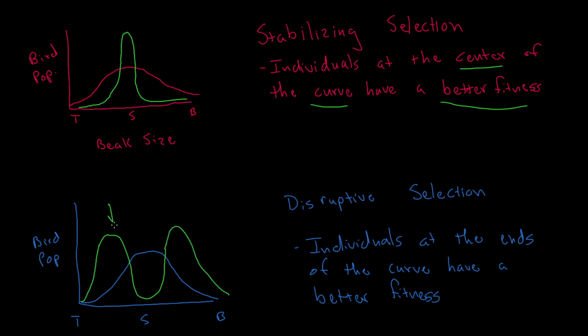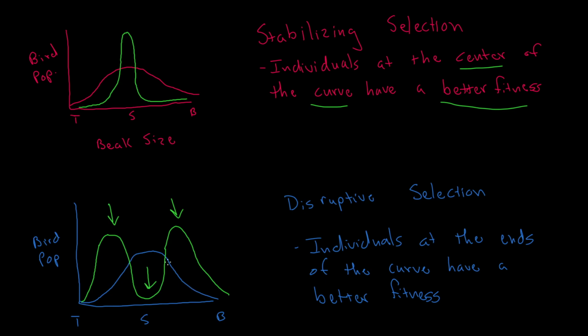Now you see these are the peaks. The tiny beaks and the big beaks are more selected for, and the beaks in the middle, the small beaks, are selected against. This is called disruptive selection, when the ends are favored.